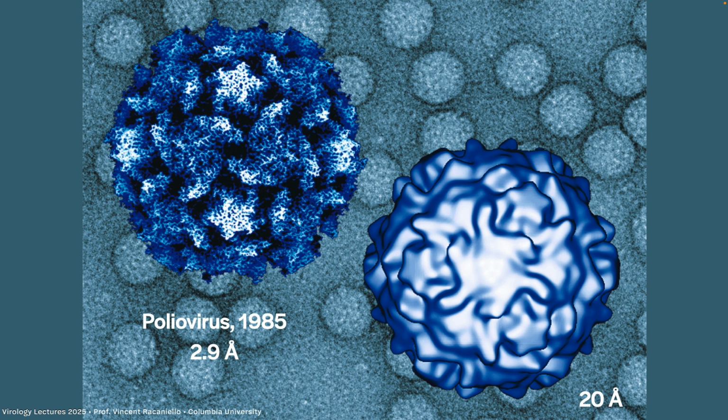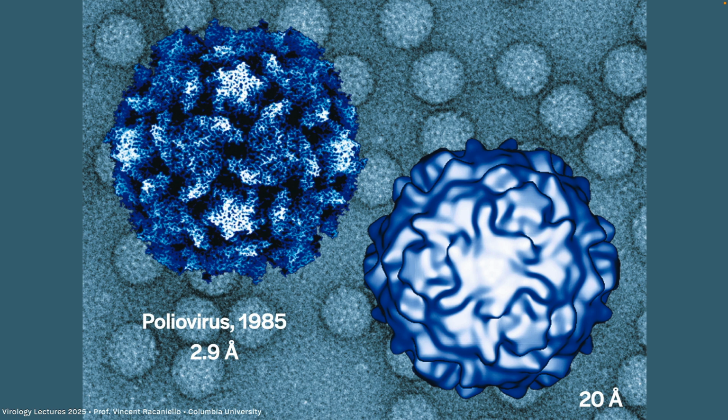So here's some examples. This is two structures of poliovirus. The first on the left is 2.9 angstroms. That's X-ray crystallography. So many years of work trying to figure out how to make crystals and diffract them and so forth. But the result is you know where every atom is located in the particle. And the result is a file.